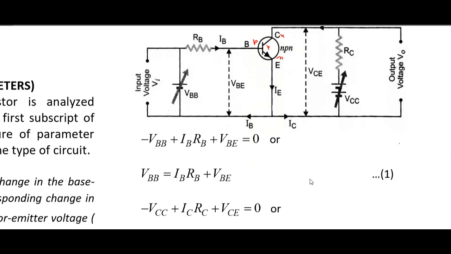So according to Kirchoff's law, if we loop in this direction, here VBB is minus, it is negative, and then we are in the direction of current, RB times IB is positive, and VBE, base to emitter voltage, is again positive.